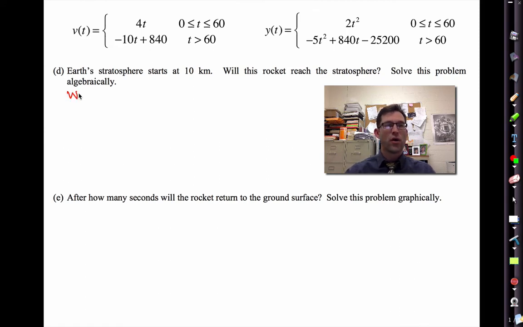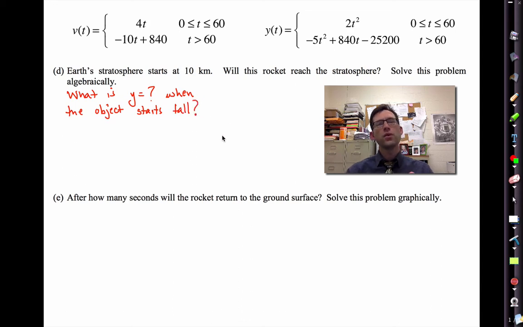So what is y equal to when the object starts to fall? Now, I'd like you to pause the video and see if you can figure that out. See if you can figure out the height of the object, but do it algebraically. The height of the object when the object starts to fall.